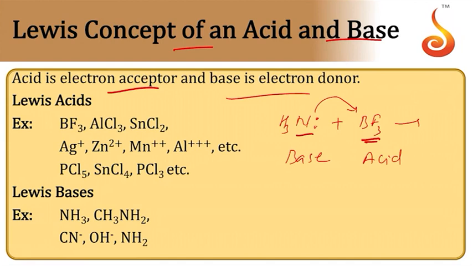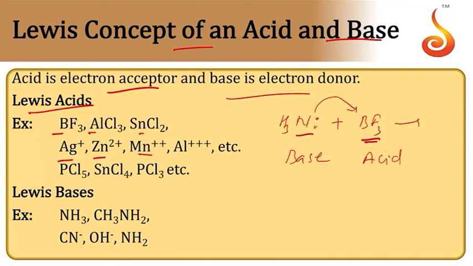So we take examples of Lewis acids here. All neutral molecules with less than an octet around the central atom, because they are going to accept electron pairs, will be Lewis acids. We can take all cations with vacant orbitals, which also accept electron pairs, so they are also Lewis acids.